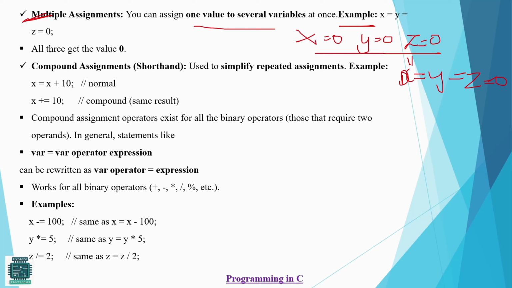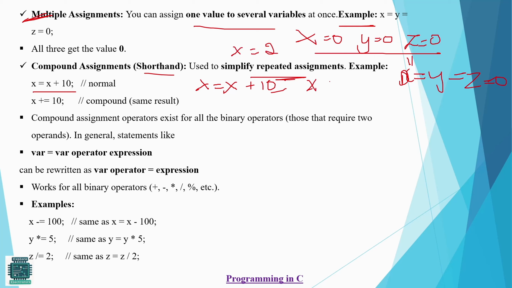Okay, and the next one is compound assignment. Here it is shorthand, meaning it is useful to simplify repeated assignment. Example, this is a normal thing: x is equal to x plus 10. Let me take an example. Let me consider the value of x is 2.